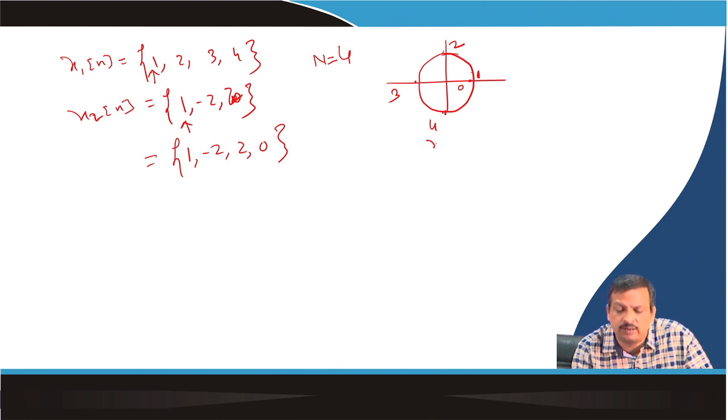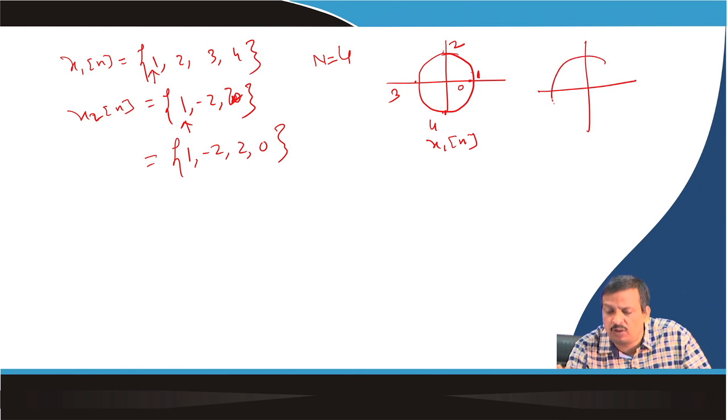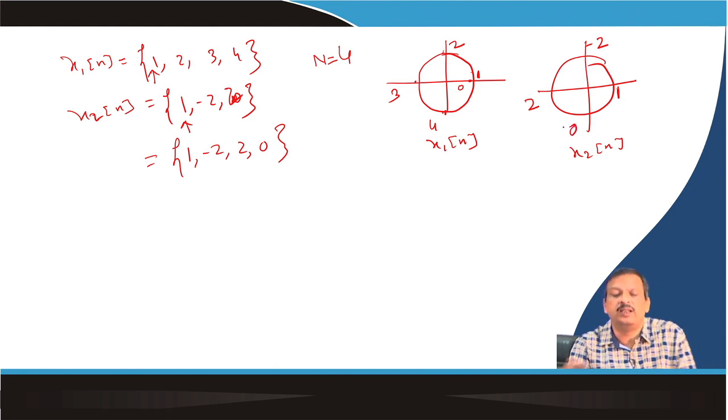So, this one is my x1[n]. How do I represent x2[n]? The 0th index is 1, the 1st index is minus 2, the second index is 2, and the third index is 0. So, this is my x2[n].